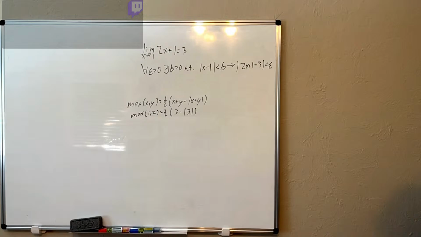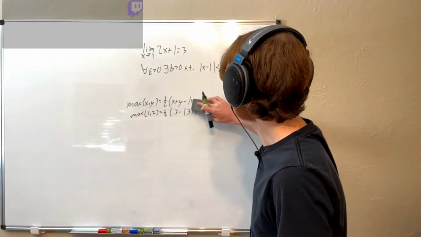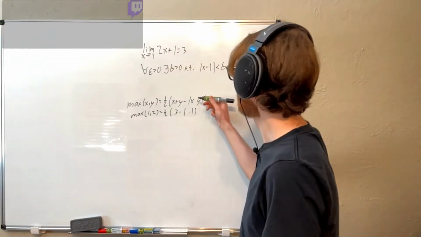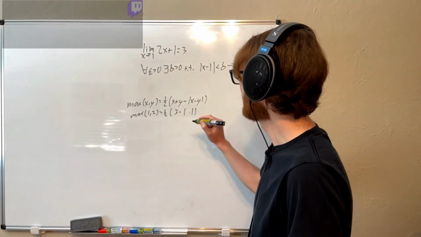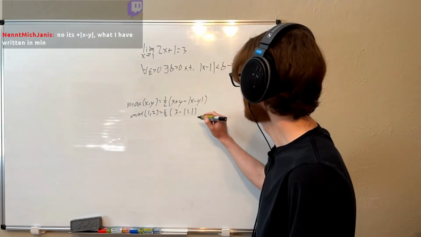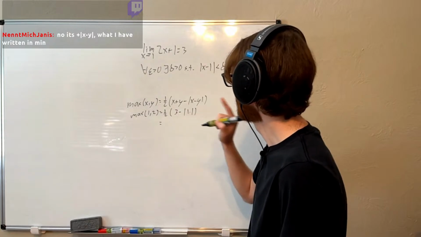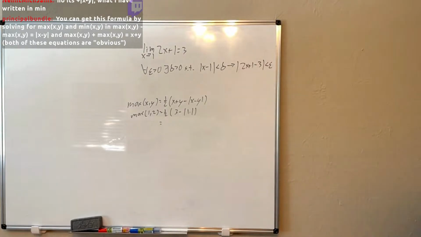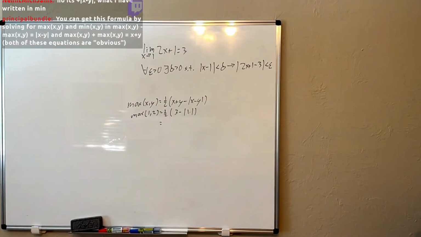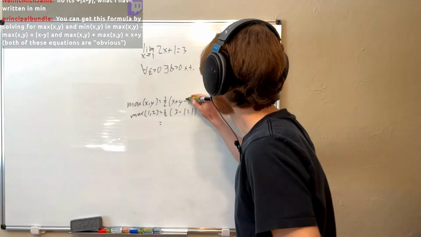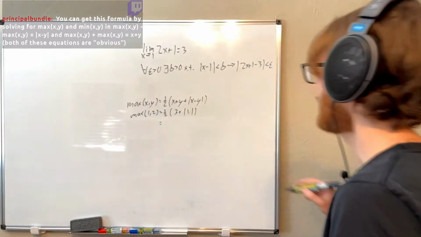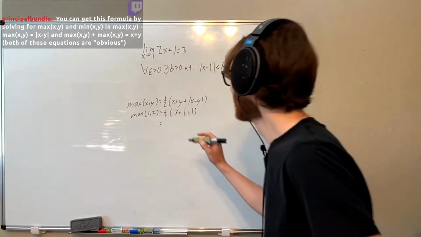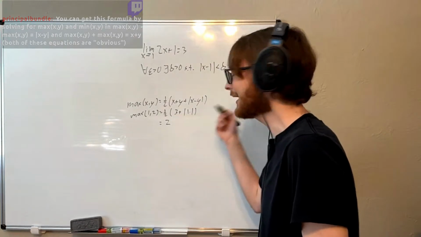Oh, x minus y. So then 1. Well, then we get 1, and that's not the max, that's the min. Plus xy? Oh, okay. Wait, that's not right. Oh, yeah, okay, no, that works. Because then we get 1/2 times 4, which is 2. Wow.